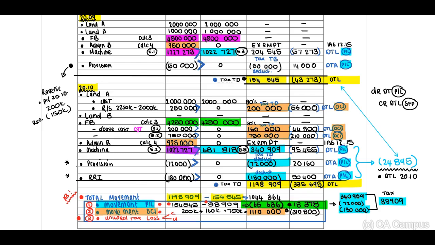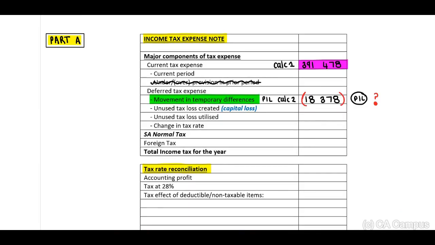Therefore, this is a movement from a deferred tax liability of 43,273 to 24,895, and this is a decrease. Okay, this is a decrease. Therefore, in your note, you need to include your brackets because this is a decrease. And your total income tax expense will be an amount of 373,100. Now, our next important step, we need to remember our tax rate reconciliation.